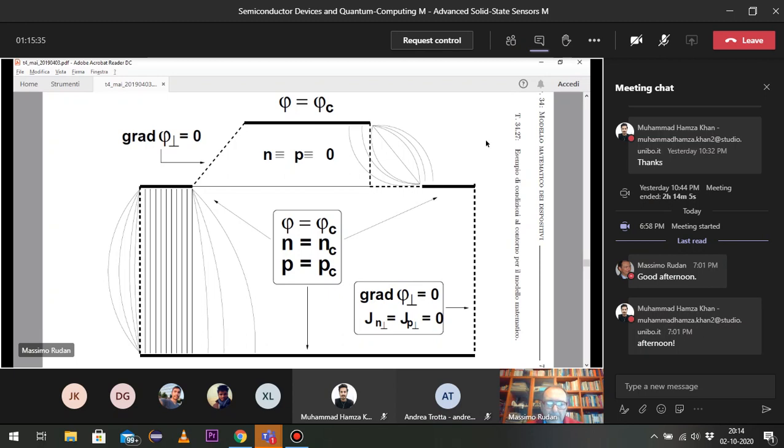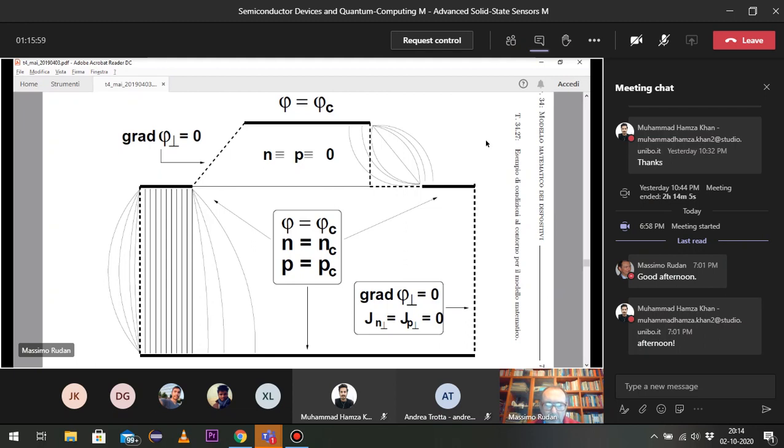Well, consider now the contacts, okay? So the thick lines in the figure. At the contacts, you know the electric potential because you have voltage generators typically applied to the contacts, okay?